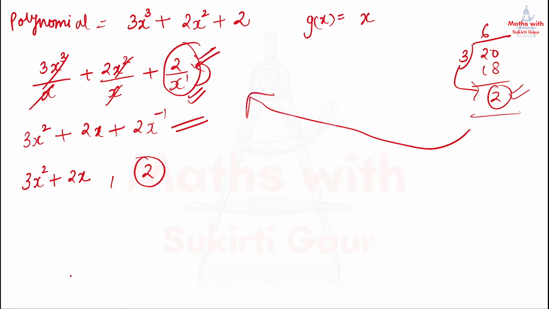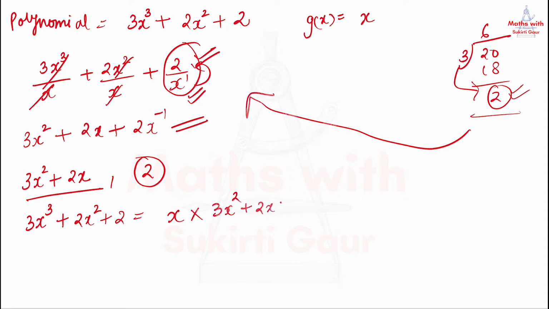Okay. Now in this case, I am going to write 3x cube plus 2x square plus 2 as x multiplied by this. This is our quotient, 3x square plus 2x, and the remainder part will come as plus 2. Alright.